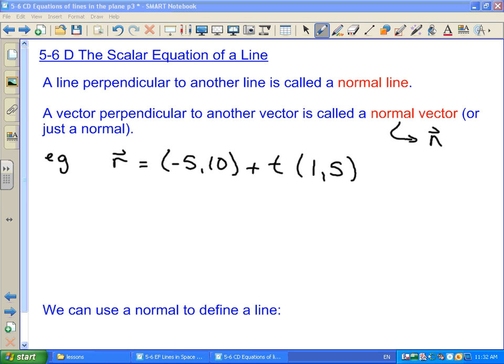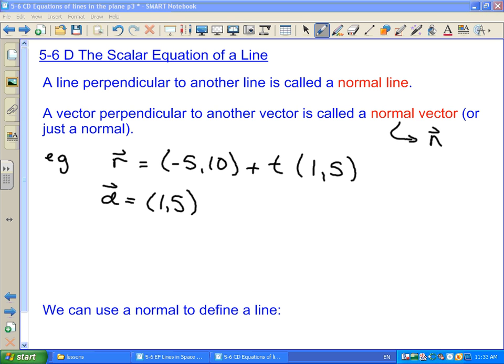And let's say we wanted to find a vector that was normal or perpendicular to this vector. The way we're going to do that is we're going to start with our direction vector, which is (1, 5). The normal vector has to be perpendicular to this direction vector.